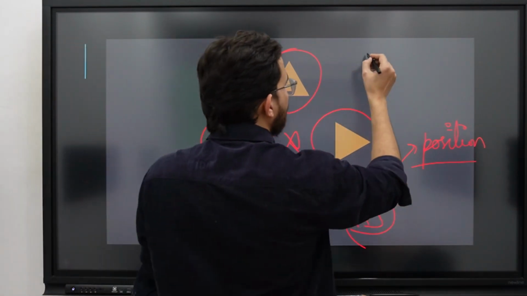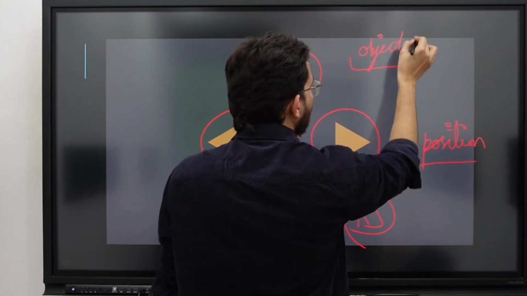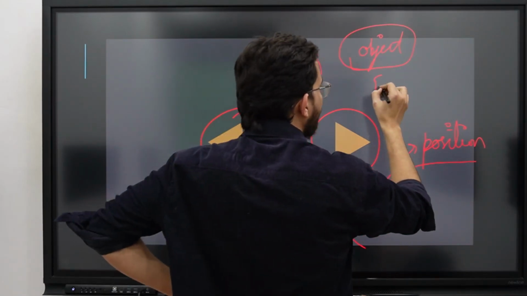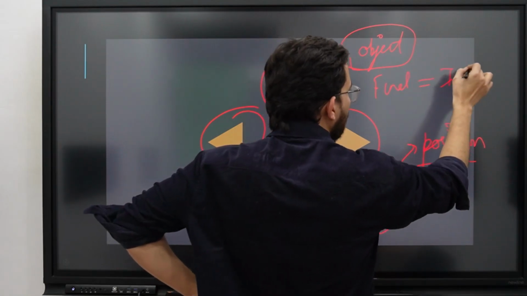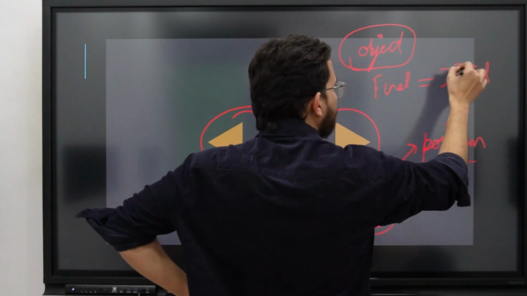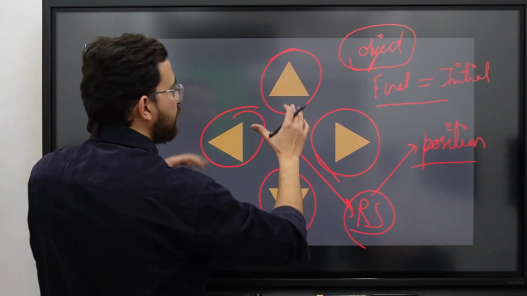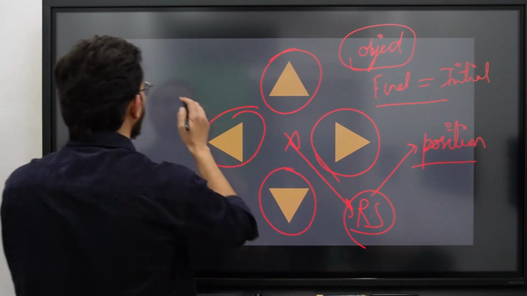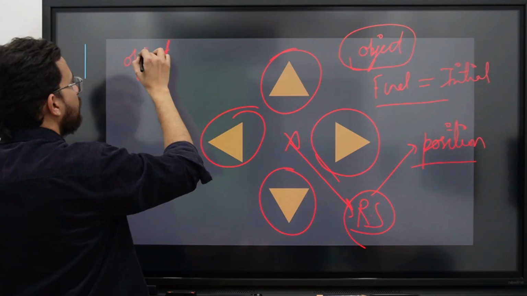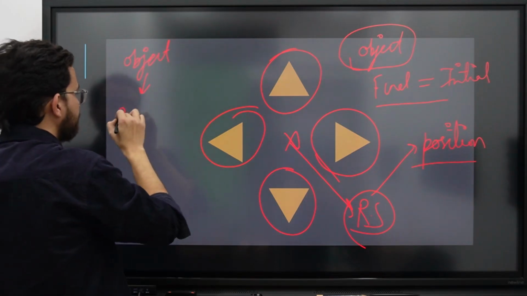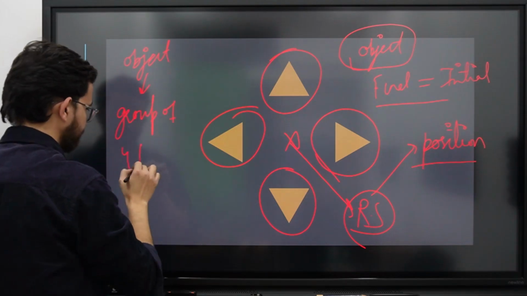In this image, the object, that means the final object or the initial object that we talk about. What is the object in this image? The object in this image is the group of these 4 triangles.